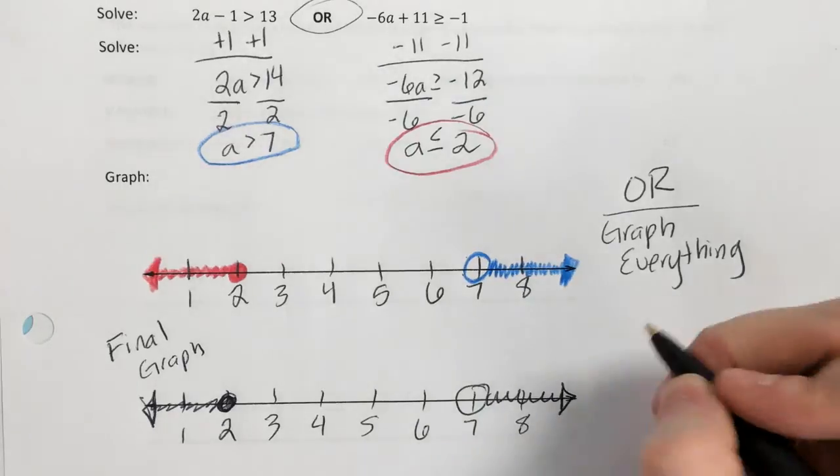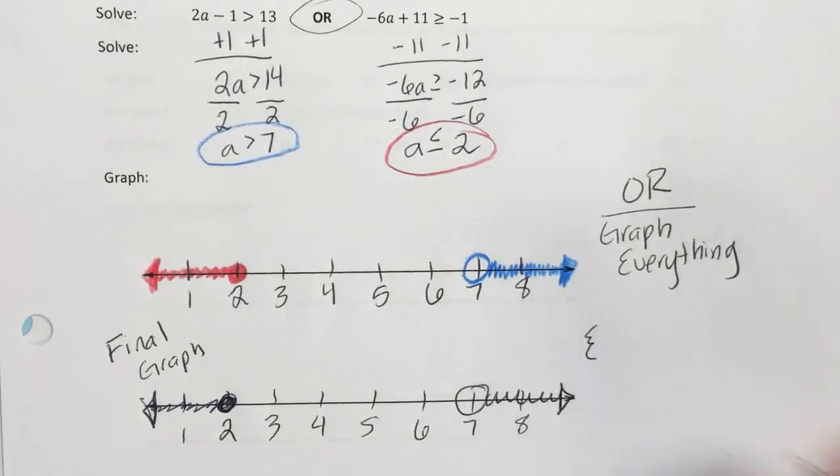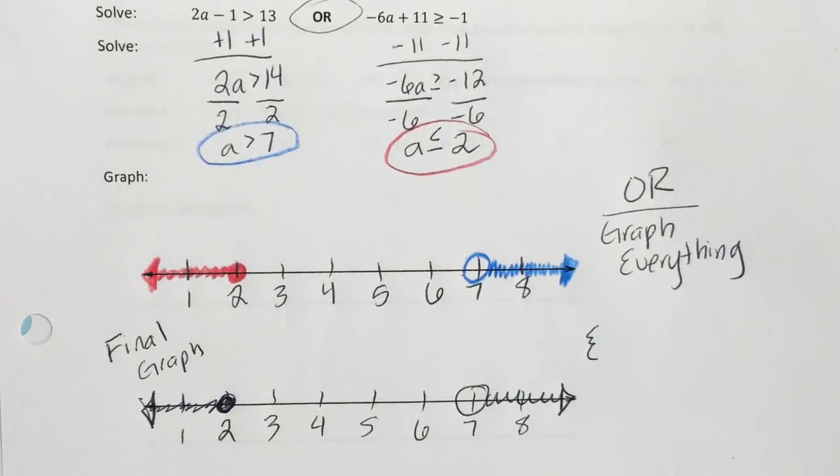So as far as set builder notation goes, do you think there's one or two ways to write this? Remember the and, we had two options of how we could write our final answer. What do you think about the or? It's just going to be one. Remember, we said and is the only time you can squish them together, or you got to keep them separate.